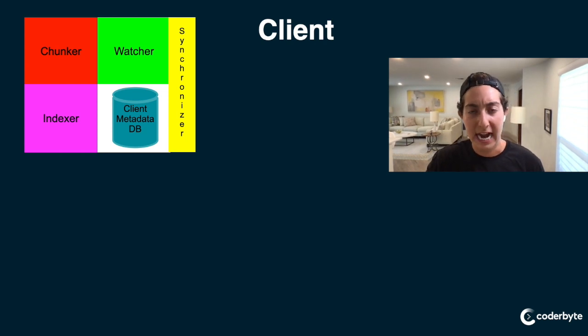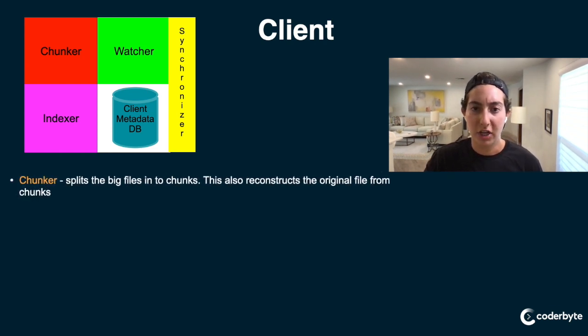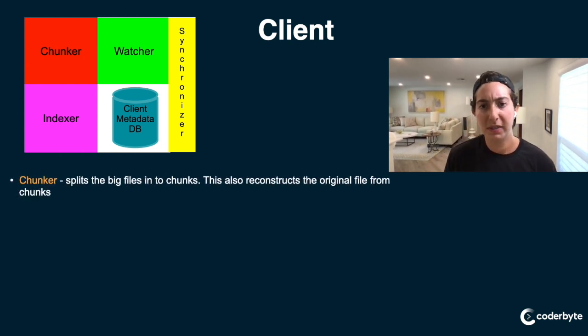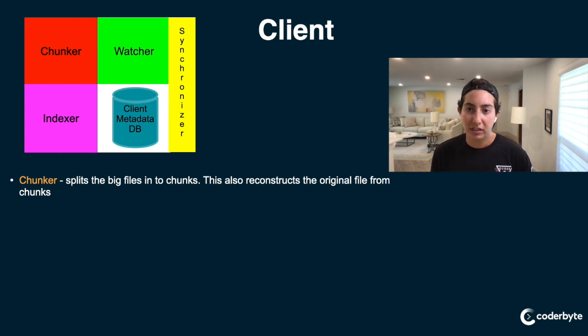So here we again have the client broken up into these subcomponents. First, let's talk about the chunker. The chunker splits the big files into chunks. It also reconstructs the original file from the chunks. So this is what we were talking about before, right?